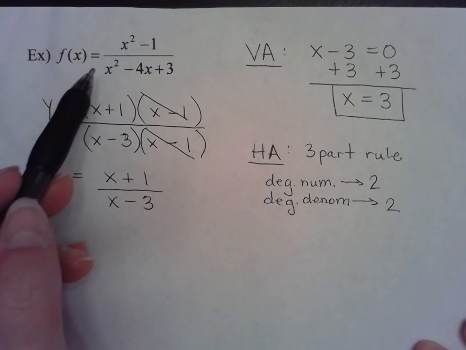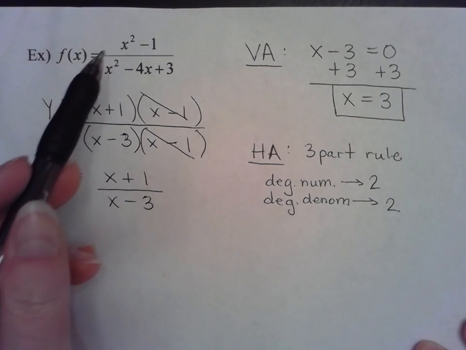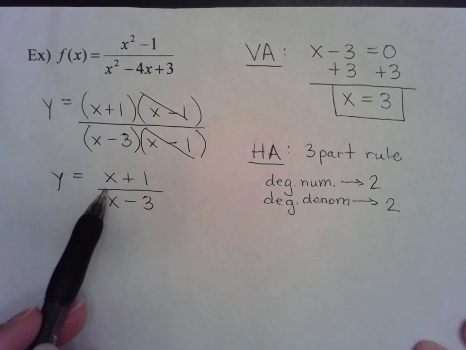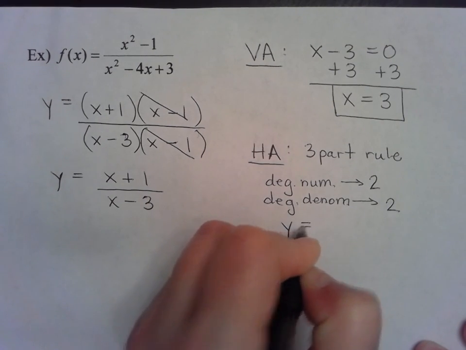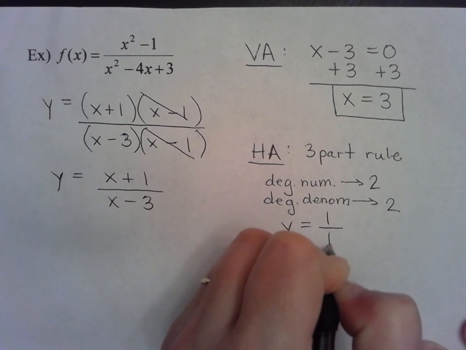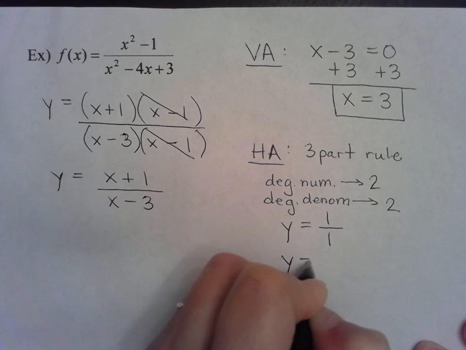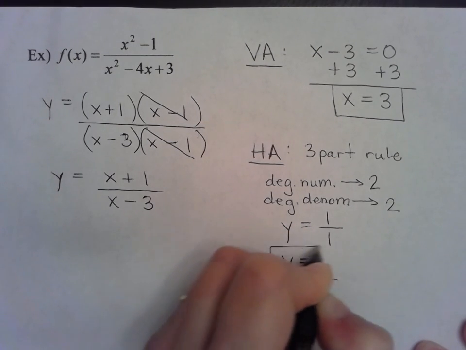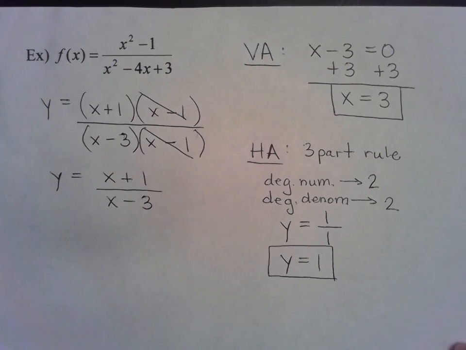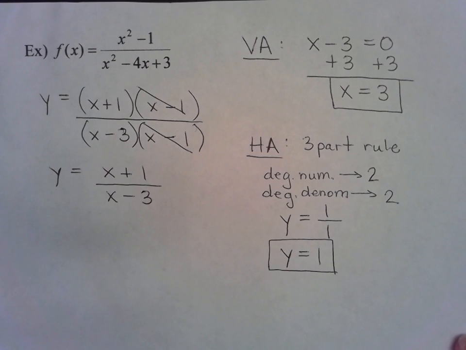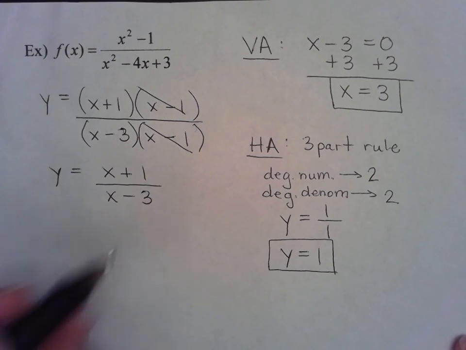So all over the place here, we have implied ones in the numerator, the denominator. So the horizontal asymptote would be 1 over 1, which is just y equals 1.